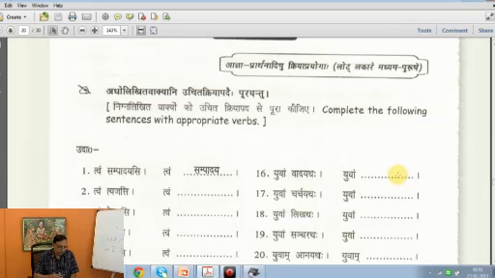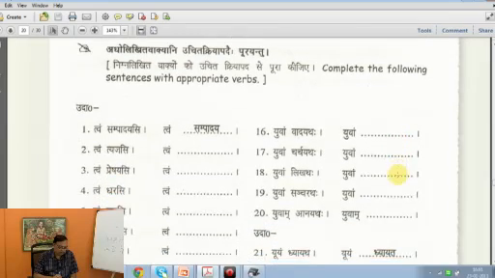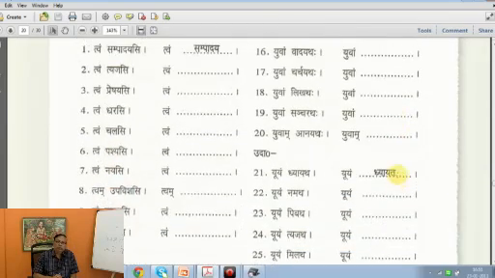Now second person dual number, Madhyama Purusha Dvivachana, 11 onwards up to the 20th sentence. Yuvam vadathaha, you both are speaking. Yuvam vadathaha becomes yuvam vadatam. Yuvam kridataha becomes yuvam kridatam.